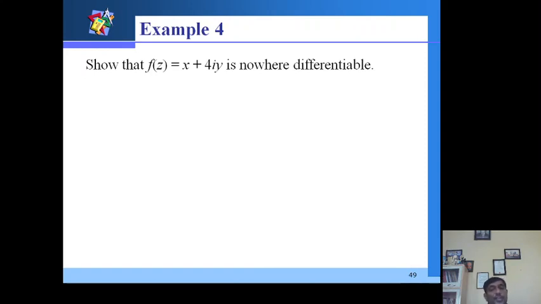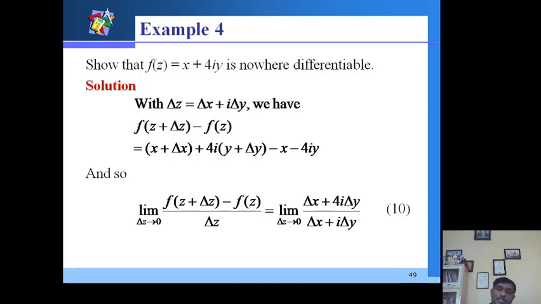Here, it is nowhere differentiable. First, take delta z, which means a small increment in z, so delta z means delta x plus i times delta y. Consider f of z plus delta z minus f of z, because by the differentiability definition, the limit as delta z tends to 0 of f of z plus delta z minus f of z divided by delta z is the differentiability definition.